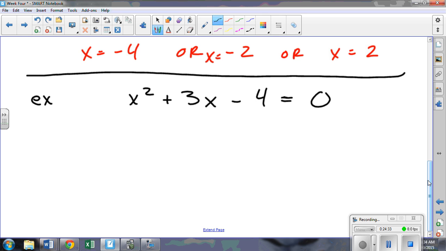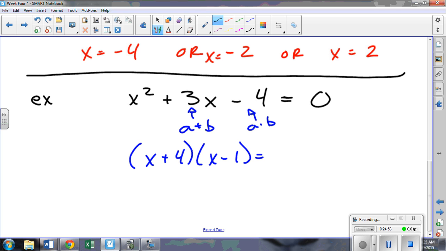What is the rule for factoring? We're looking for two numbers that multiply to negative 4 and they add up to positive 3. What are those numbers? Positive 4 and negative 1, so (x + 4)(x - 1) = 0.